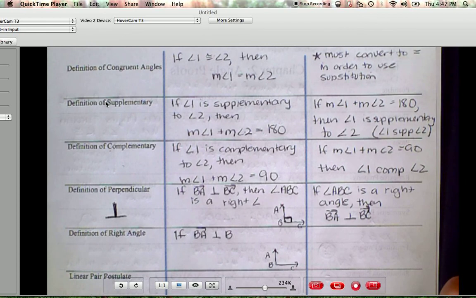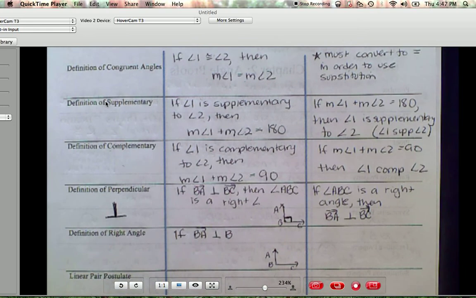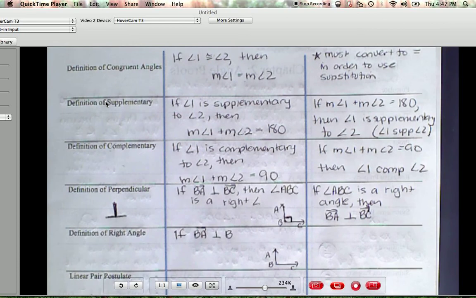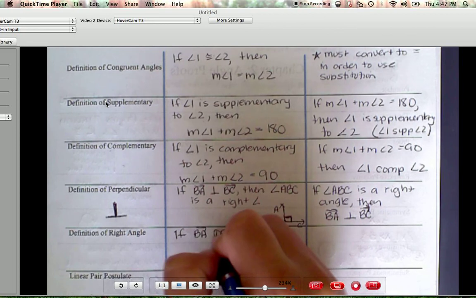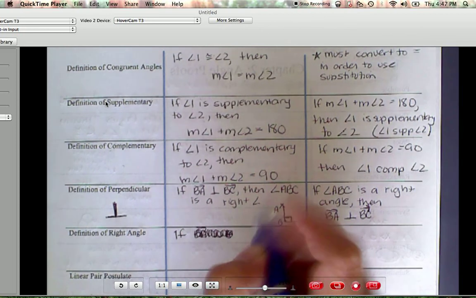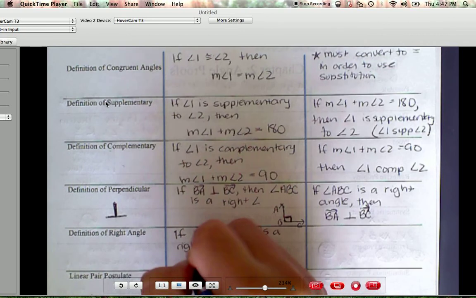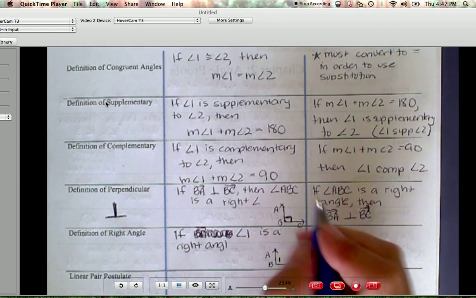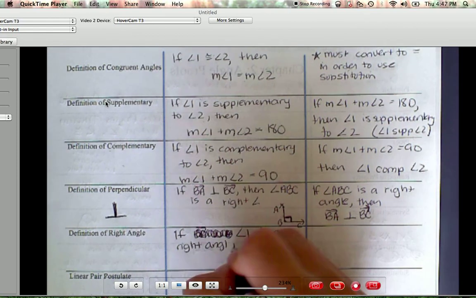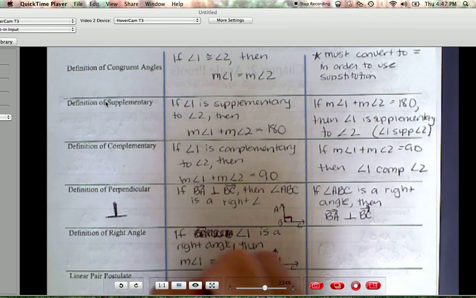Definition of a right angle. If angle 1 is a right angle, we'll put a 1 in there, then the measure of angle 1 equals 90 degrees.